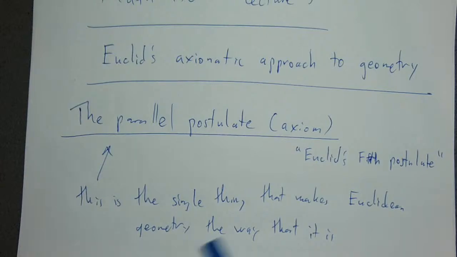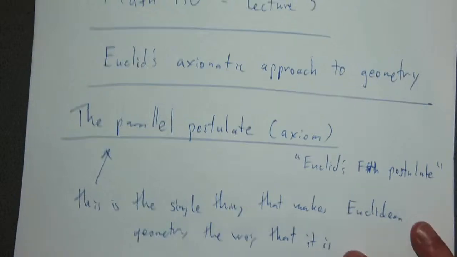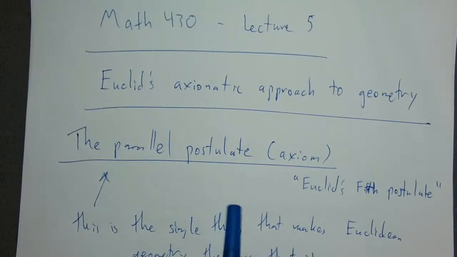Euclid includes it in his list of postulates, but he doesn't need it until I can't remember exactly what proposition it's first used in, but he doesn't need it for a while. The reason it was included, especially compared to the other axioms and postulates, is that it is more complicated than the rest of them.